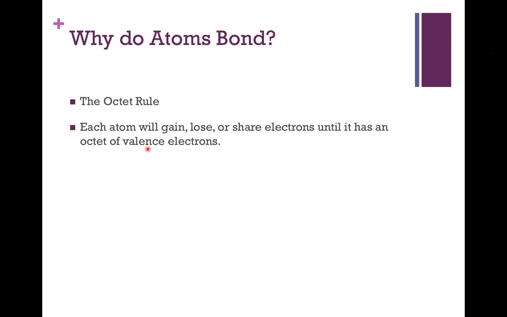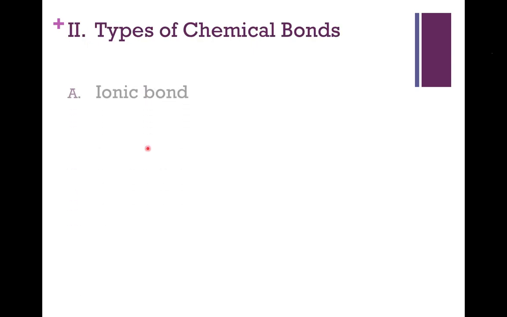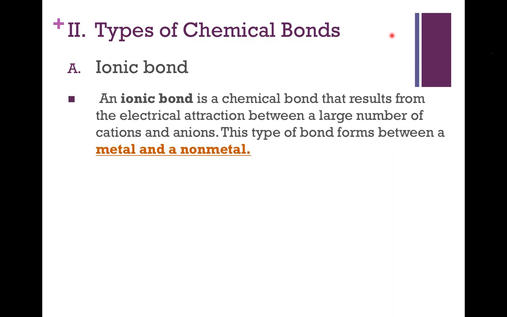It always wants 8. To achieve this, we can do it a couple of different ways. We can do an ionic bond, which is a chemical bond that results from the electrostatic attraction between a large number of cations and anions. Remember, cations are positive and anions are negative.